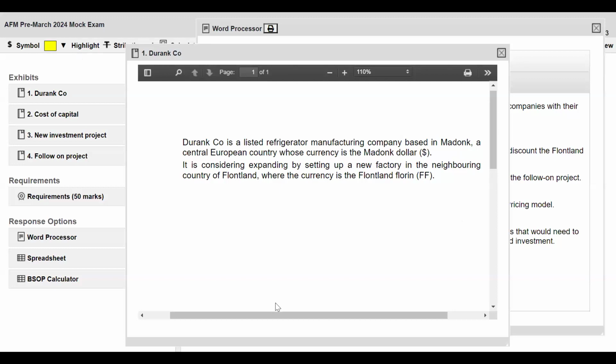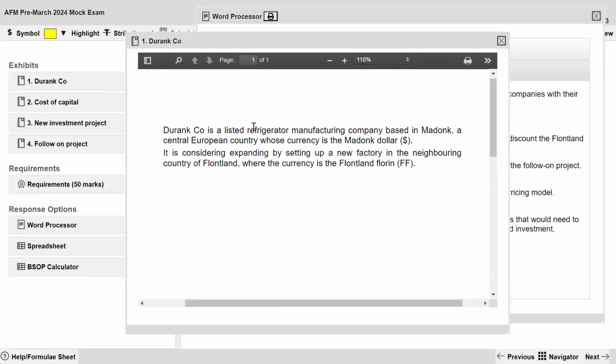Okay, it says Durand company is a listed refrigerator manufacturing company based in Medonk, a Central European country whose currency is the Medong dollar. Now, it is considering expanding by setting up a new factory in the neighboring country, Frontland, where the currency is the Frontland florin. So that's what you have.